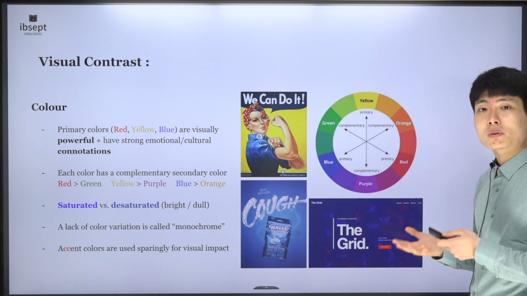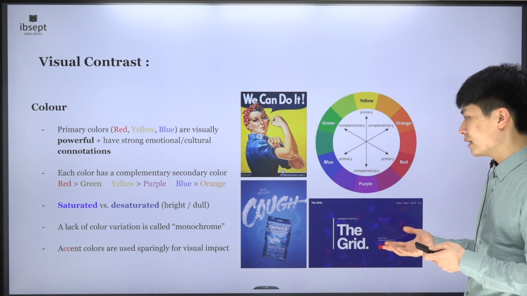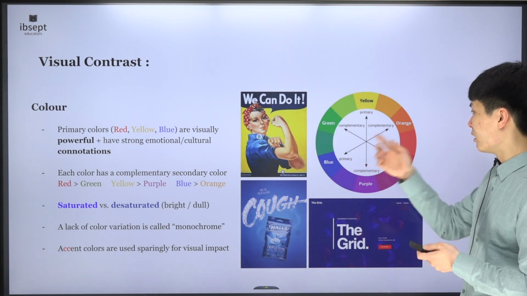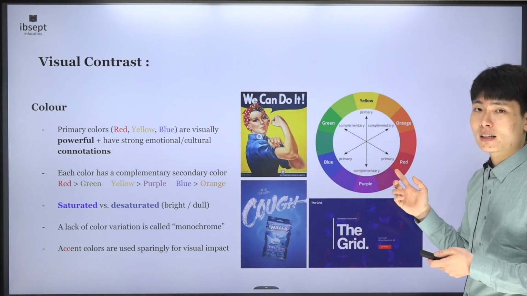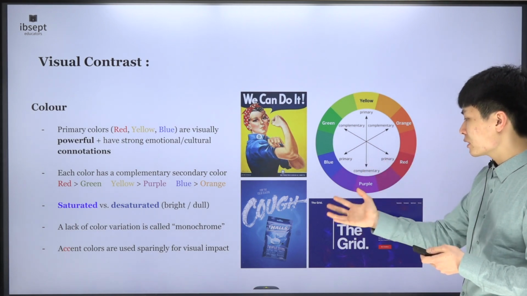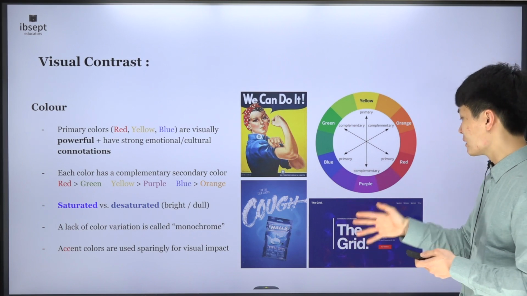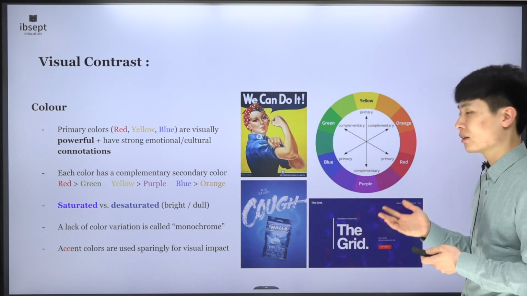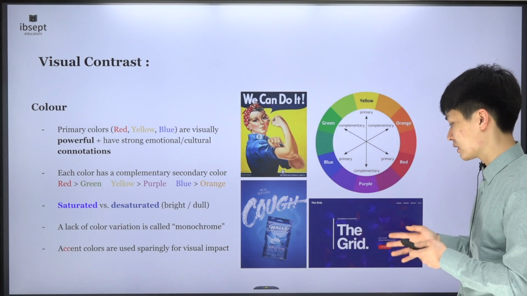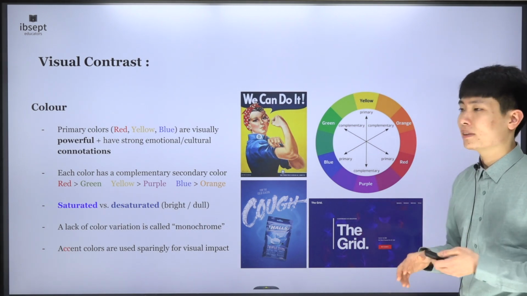And it is no coincidence that it is in a separate and almost complementary color. And if this red was used elsewhere in the ad, it would not have the same effect it does right now when it is just solitary. And that is the role of the accent color.